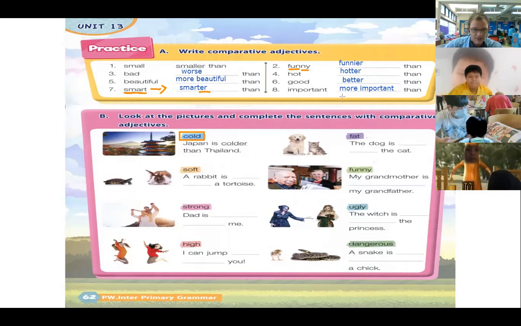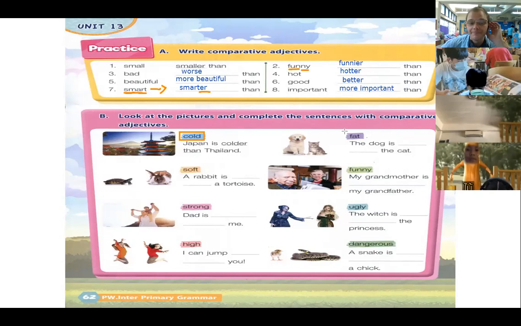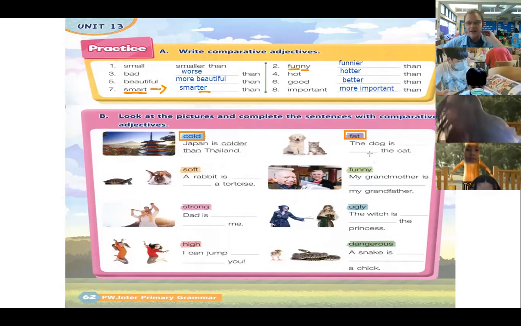Okay. The next one, on the right hand, is fat. The dog is the cat. What is the comparative adjective here for fat? What do we think?